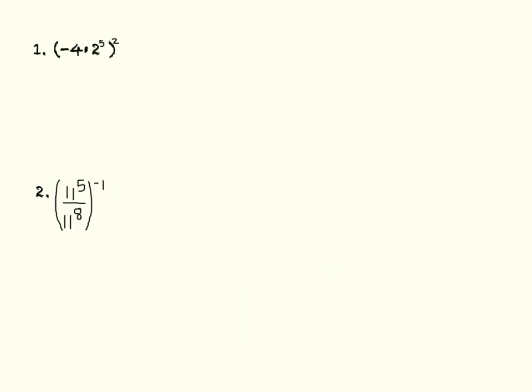So Miss Butcher told me I only have 15 minutes, so I'm at about halfway, so we're going to do this a little quicker. So don't forget everything in here has an exponent. So that negative 4 has an exponent, and that 2 is going to distribute to both of those. So since the negative 4 is in parentheses, it's negative 4 squared times 2 to the 5 times 2, which is 10.